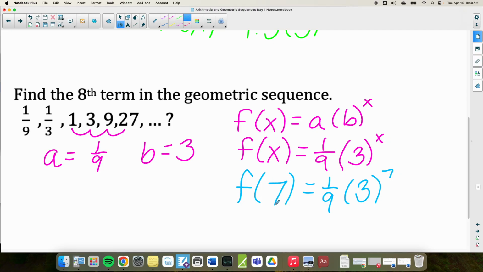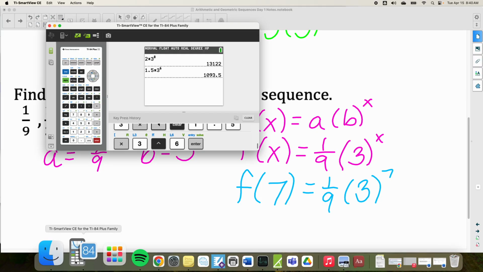Again, I strongly believe that they would not make you do that without a calculator. Now, do you guys know how to enter a fraction into your calculator? If you have a CE version, there's a way to do it where you don't use parentheses.